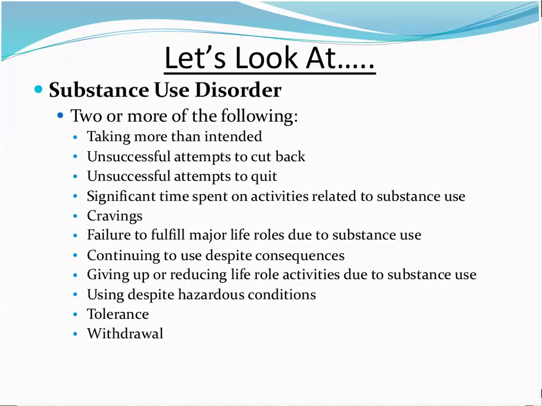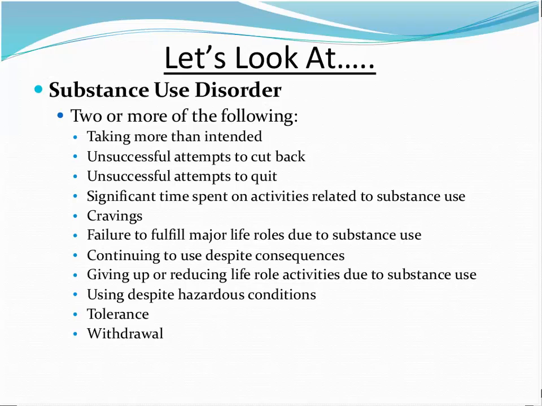So starting out with substance use disorder, instead of having abuse and dependence, they now simply have a substance use disorder, and you rate the severity depending upon the number of criteria. The reason that they took out abuse and dependence is that for many people doing diagnosis, they do not have the medical expertise to identify physiological dependence versus abuse criteria, and it wasn't really proving useful.